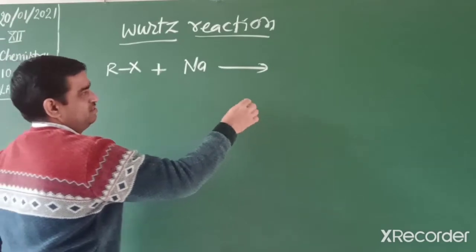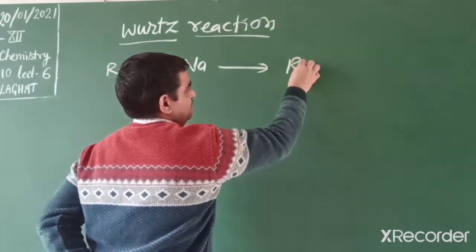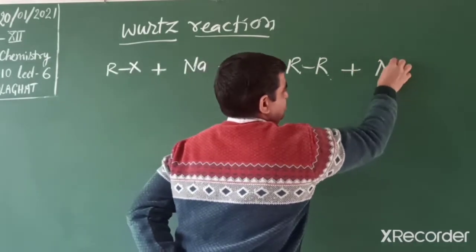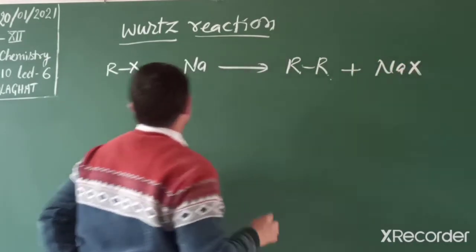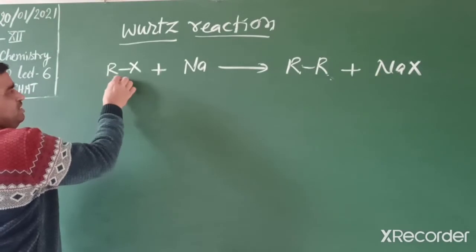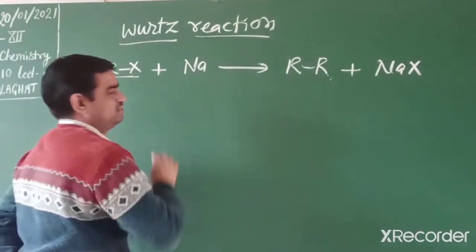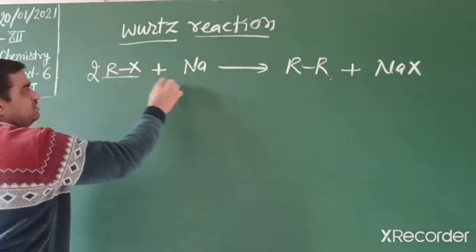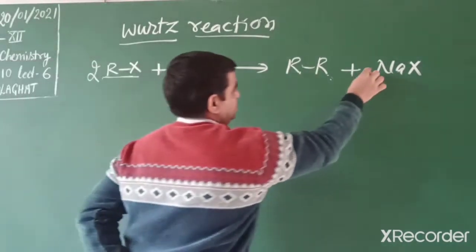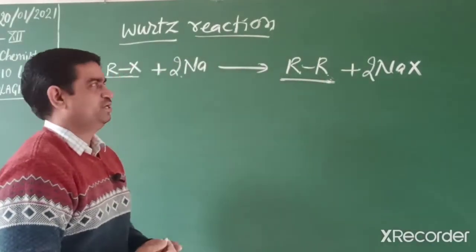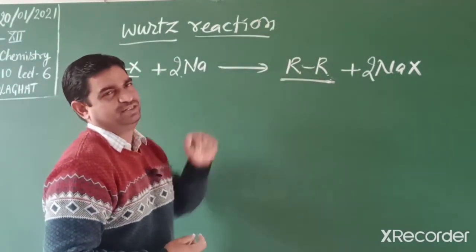So we get the corresponding higher alkane, R-R, and the other product is NaX in this reaction. We have to take the alkyl halide 2 times because we get a dimer in this reaction. If we balance this reaction, we get the corresponding higher hydrocarbon.